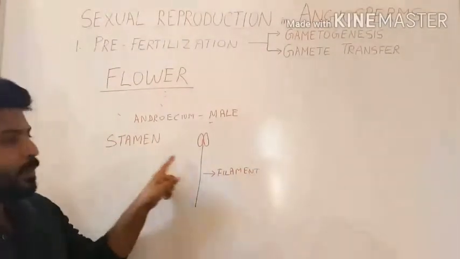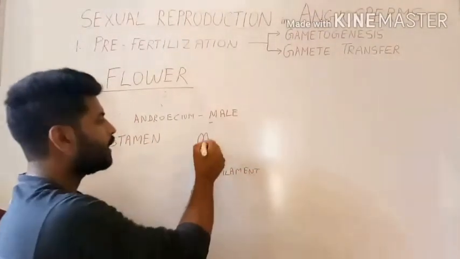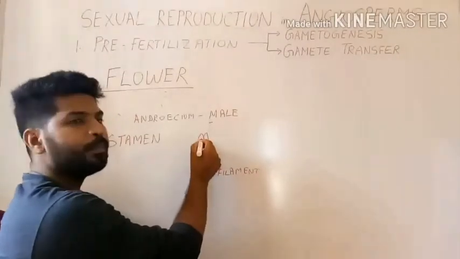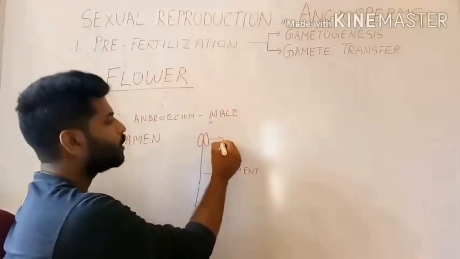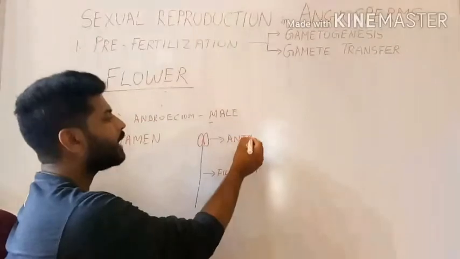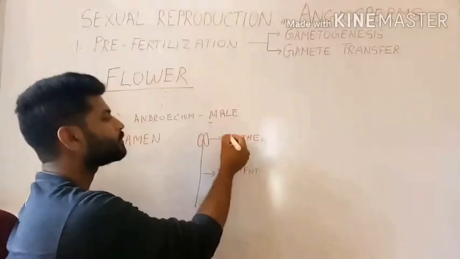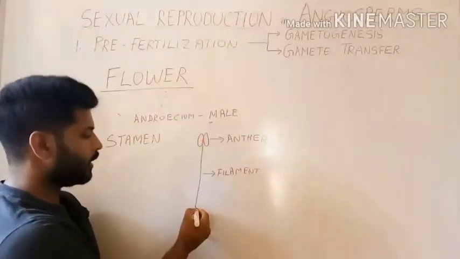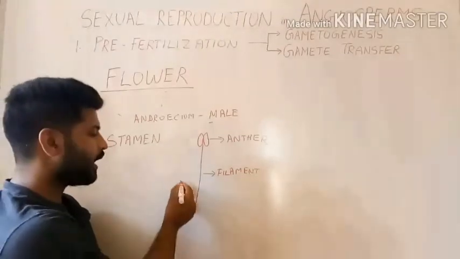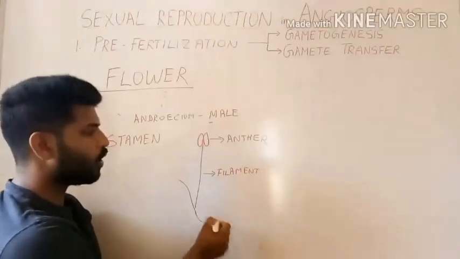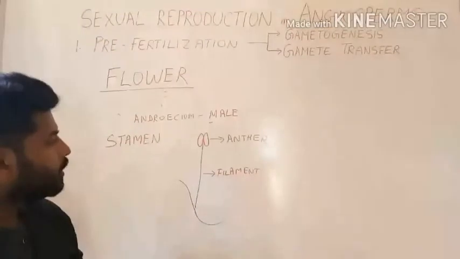So, a stamen is made up of a filament, and on the tip of the filament we see what is called an anther. The other end is attached either to the petals or to the thalamus.